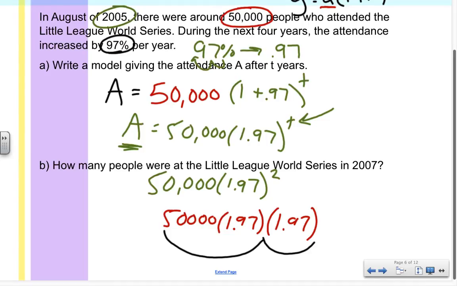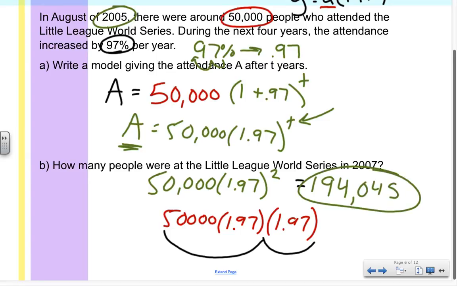So I'm going to go into my calculator, plug all of this in, and when I do that, I get 194,045 people. So that's how many people would be attending the Little League World Series in 2007 if I increased by 97% each year. So that would be a typical growth question.